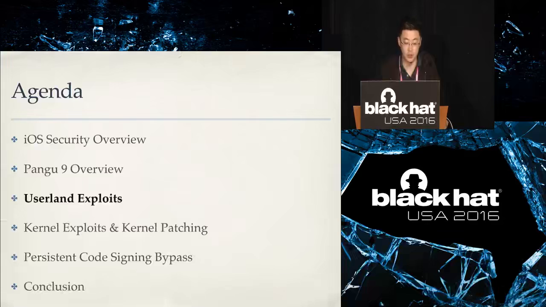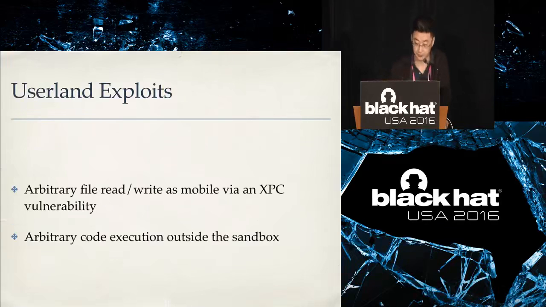Now let's go through the user-land part. In this part, I will introduce two vulnerabilities. One leads to arbitrary file read and write as mobile through a kind of inter-process communication channel. And the second one is arbitrary code execution after the sandbox.